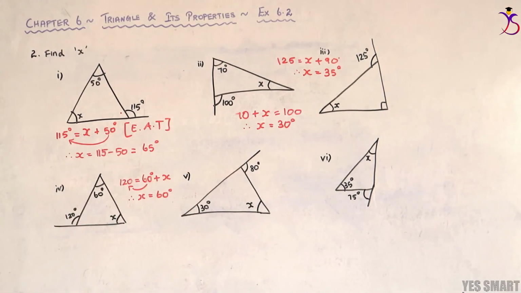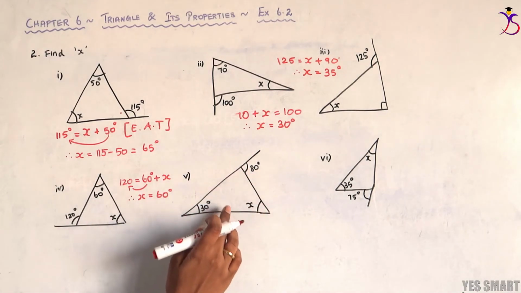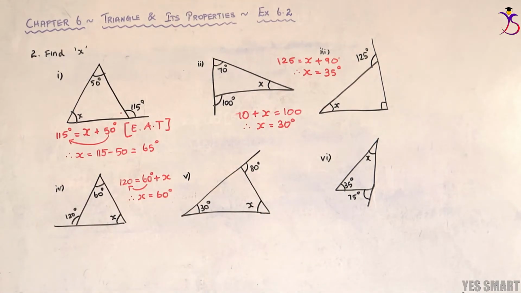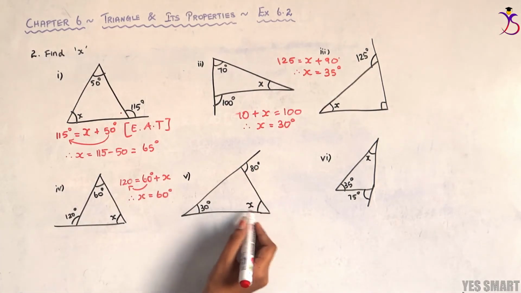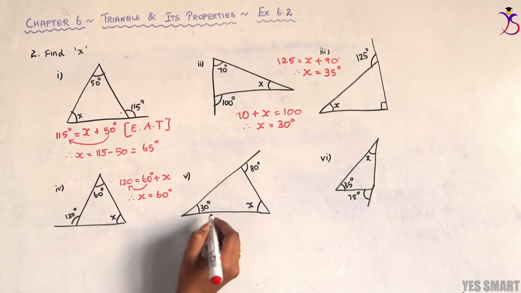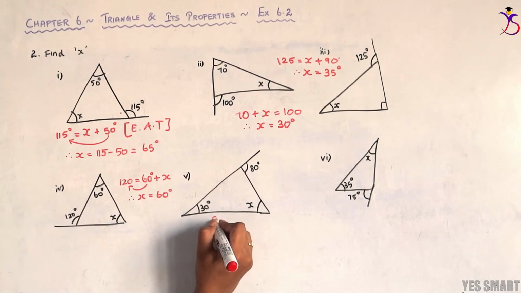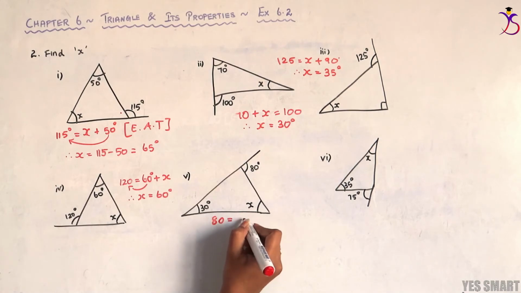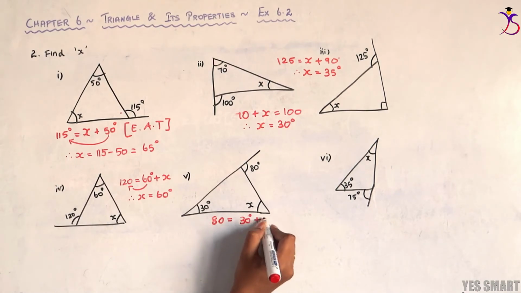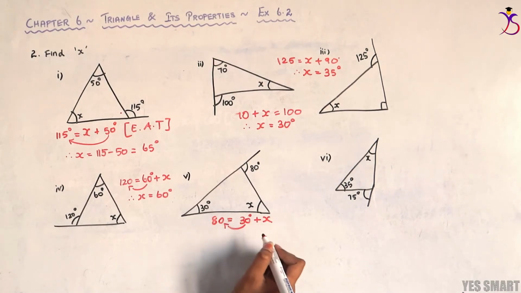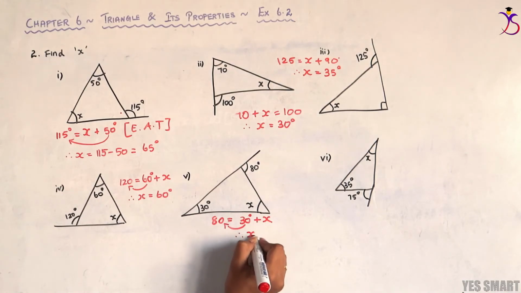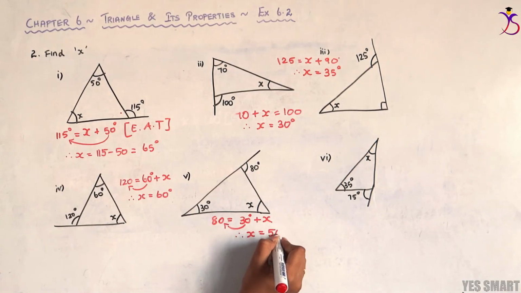So we are supposed to write the reasons in brackets, like we did in the first subdivision. Now moving on to the fifth one, the exterior angle here is 80 degrees, which is equal to the sum of the two opposite interior angles. The two opposite interior angles are 30 and x. Therefore, 80 equals 30 plus x. When this 30 is transposed, x is equal to 80 minus 30, which is equal to 50 degrees.